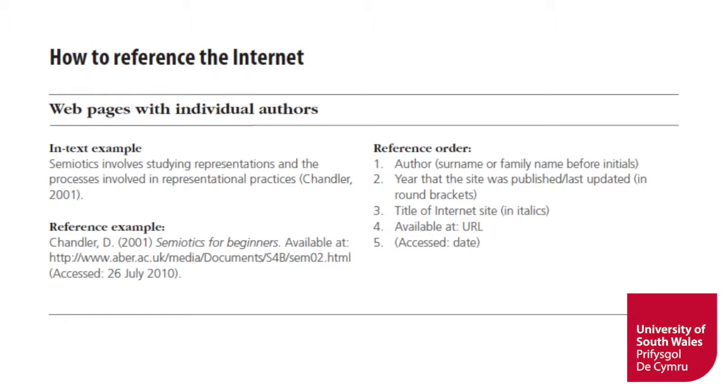That goes into the text, the main writing. In your bibliography list at the back, again, you reference it the same as you would a journal or a book: the author, the year, the title, but you need to say where you accessed the information from and the date that you accessed it on.